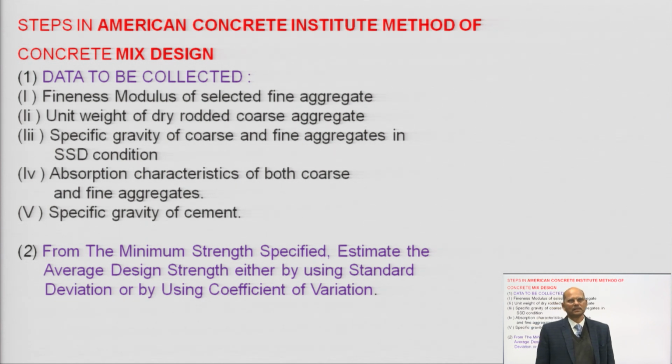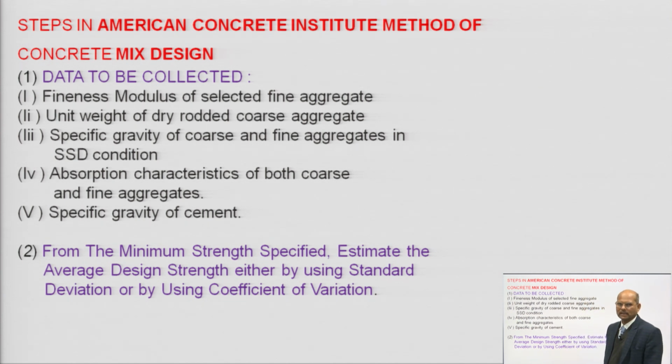In this method we need the fineness modulus of the selected fine aggregates, and the unit weight of dry rodded coarse aggregate. The maximum size of aggregate you have to decide depends on the requirement.